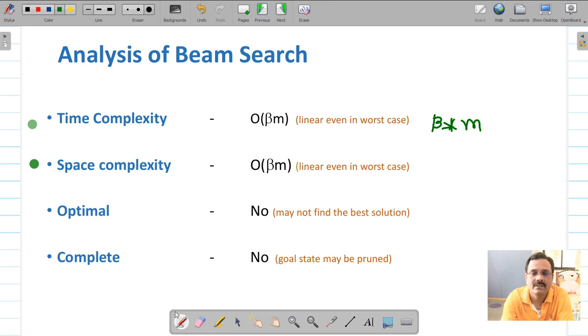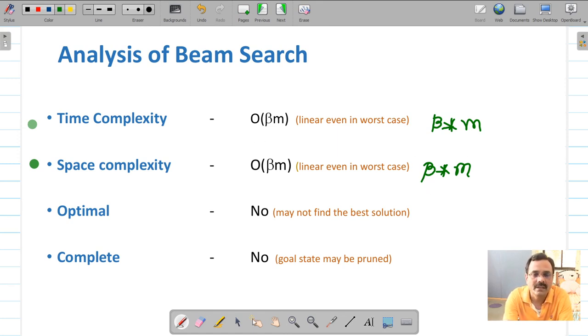So the space requirement is also linear, that is, the beam width multiplied by the depth at which your goal node is found. This is the worst case space complexity. In general, sometimes you may find the space required is even less than this.